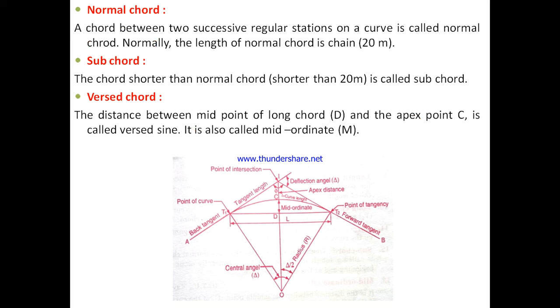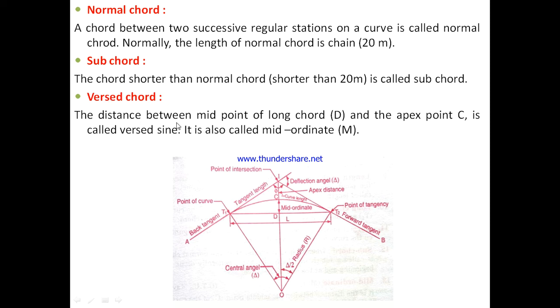While setting out a curve in the field, we have to take a chord between two successive stations, and that chord will be of 20 meter. A subchord will be less than the normal chord, and it may be at the starting or end of the curve. So the chord shorter than the normal chord is called the subchord, less than 20 meter.